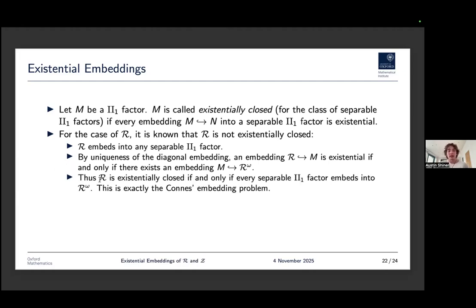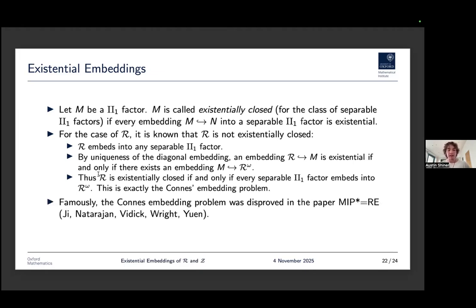Thus, we see that R is existentially closed if and only if every separable II_1 factor embeds into the tracial ultrapower of R. Guess what? That's exactly the Connes embedding theorem. And famously, the Connes embedding theorem was disproved in the quantum information paper MIP* = RE. Thus, we conclude that R is not existentially closed.